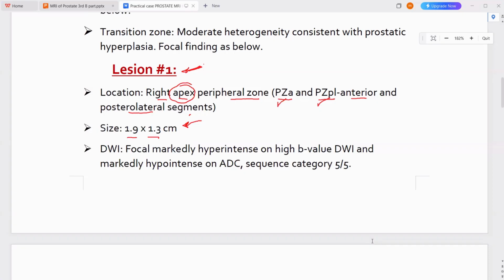On the diffusion weighted image, we can give a score for this lesion: markedly hyperintense, markedly hypointense. So this one is either category 4 or 5 according to the diffusion score. This lesion is greater than 1.5 centimeters, so we categorize it as diffusion score 5.